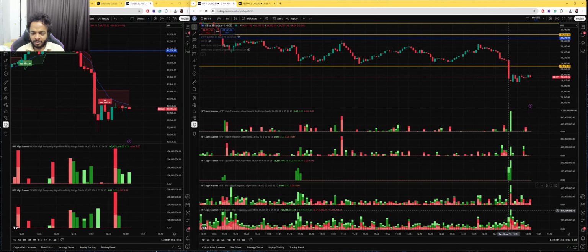So, yes, talking about here, right here, put writers came in here as well. And then after that they again took it up. While it was up, here they shorted, let me zoom in. Here they shorted, okay. The call writing, the light red, here also they shorted and the fall started.